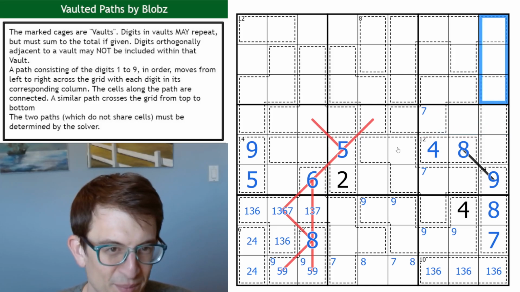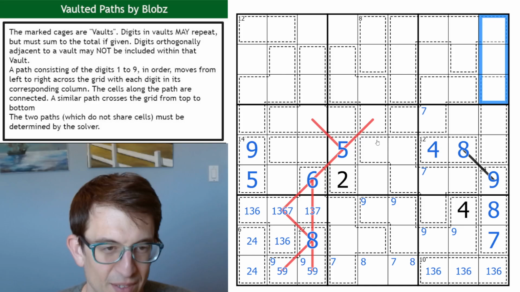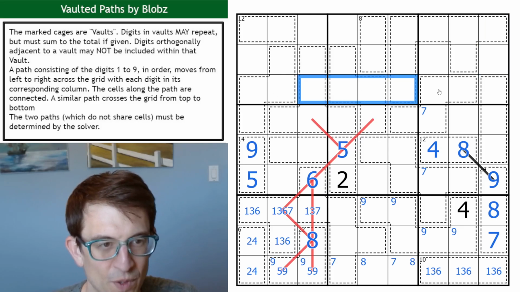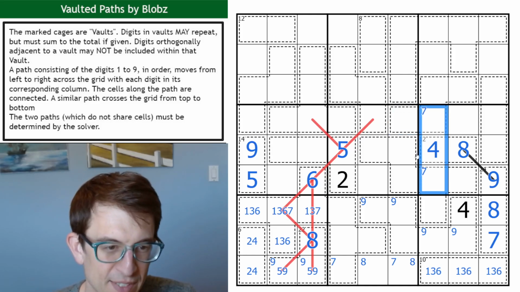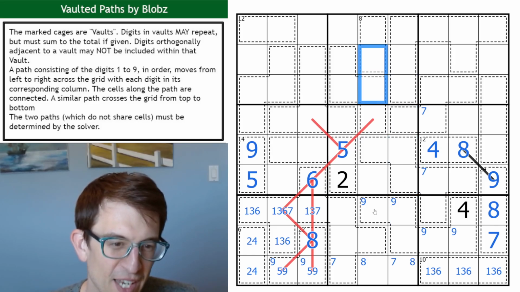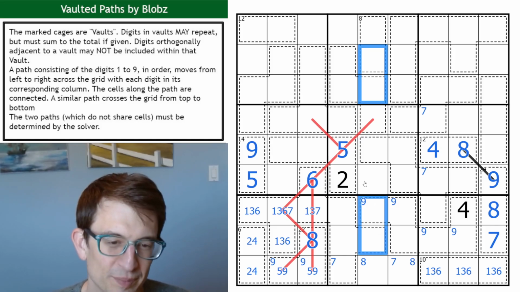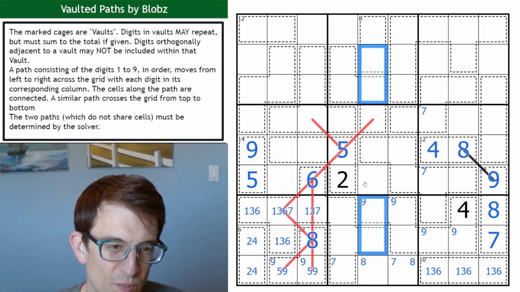Is that worth marking? Don't think so. 7. Well, let's send this out. 7, 6. 5 is either really high or really low, which seems kind of interesting.